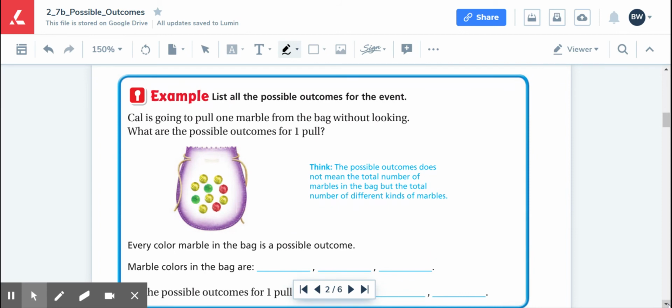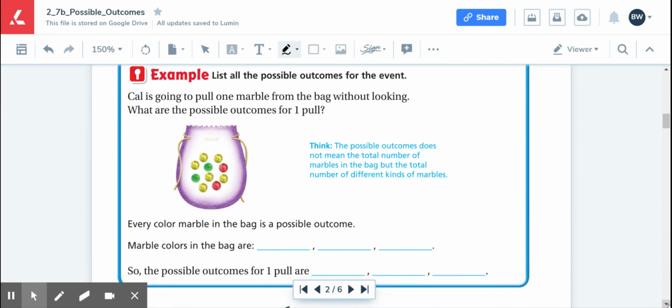We're going to go back to using marbles again. We're going to list all of the possible outcomes for the event. Cal is going to pull 1 marble from the bag without looking, and we need to figure out what the possible outcomes are for 1 pull. It says here, think. The possible outcome does not mean the total number of marbles in the bag, but the total number of different kinds of marbles.